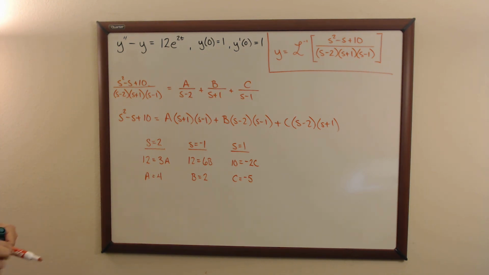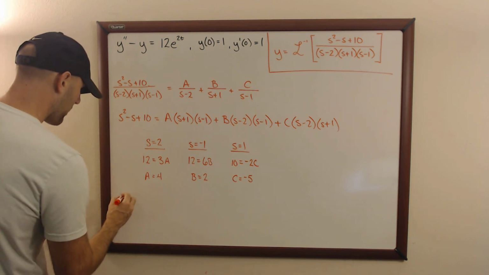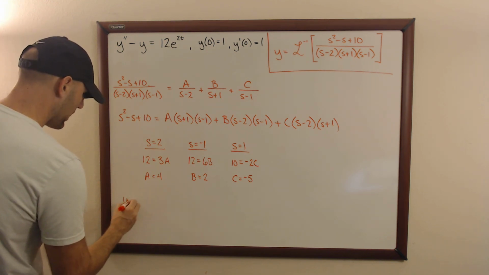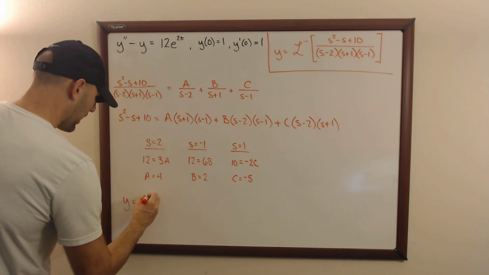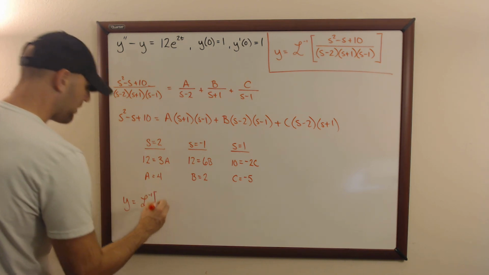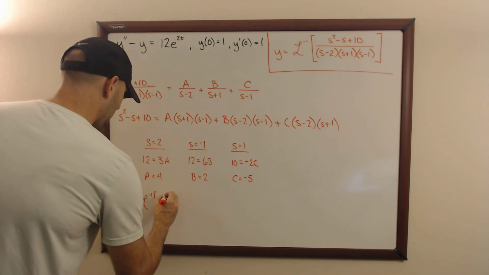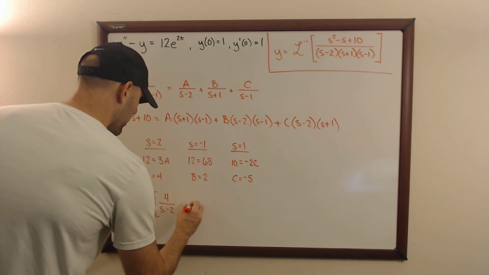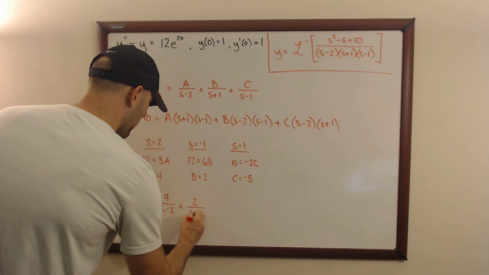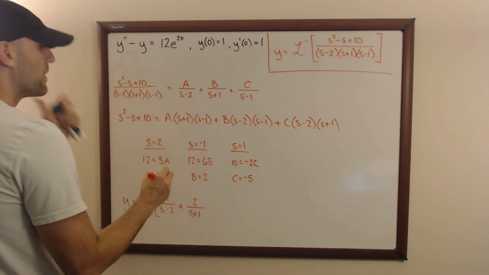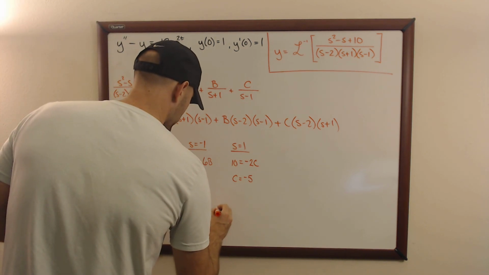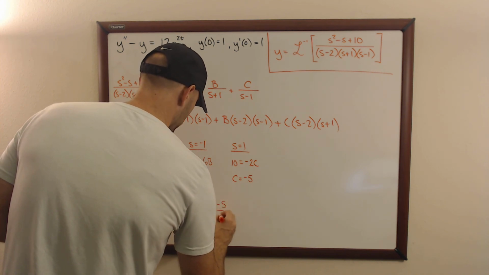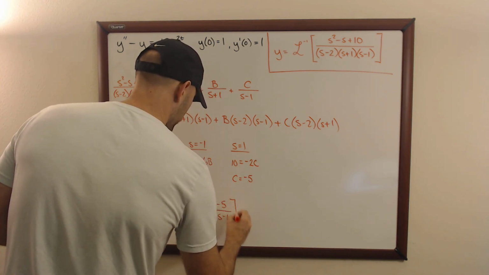So let me go ahead and write that down. I've got y is equal to the inverse Laplace transform of 4 over s minus 2 plus 2 over s plus 1 plus -5 over s minus 1.